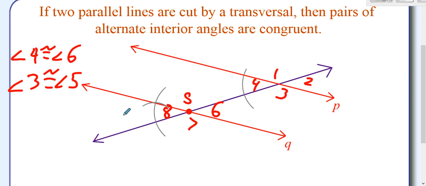Now, my favorite part about alternate interior angles is actually, maybe a little bit vain of me, but they're my favorite angle because when you trace them out, when you trace out angle 4 and angle 6, it makes a Z. So, like destiny.